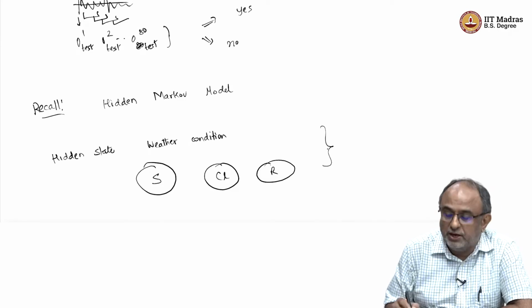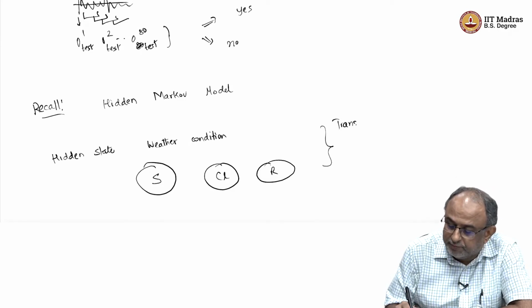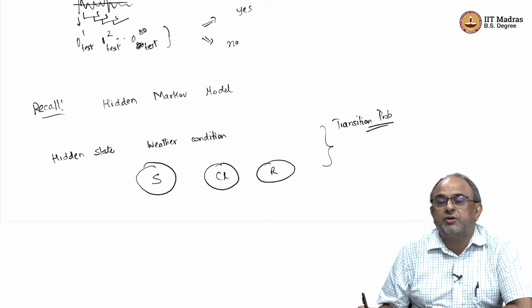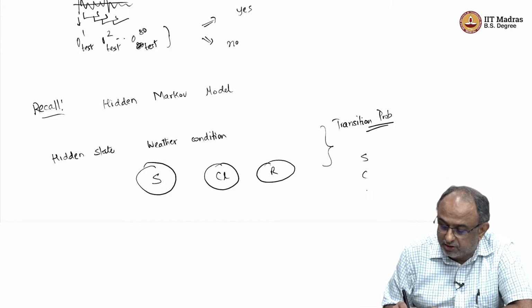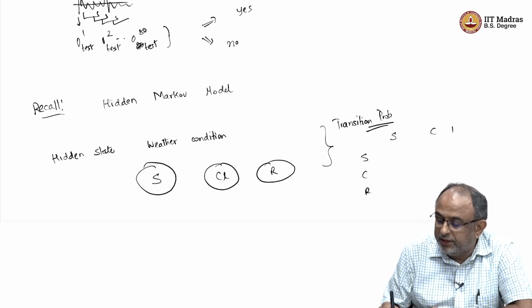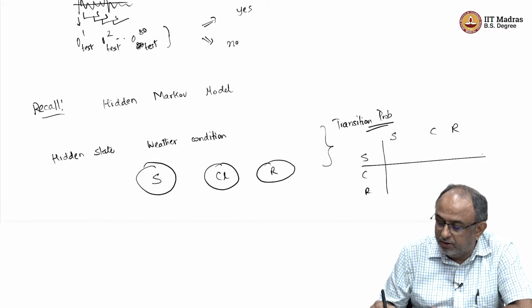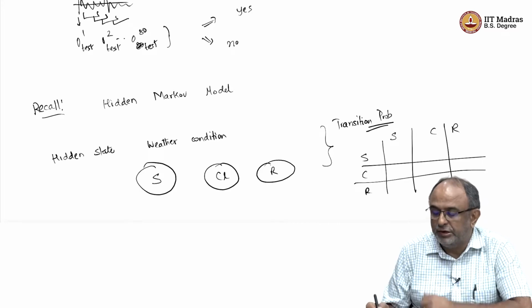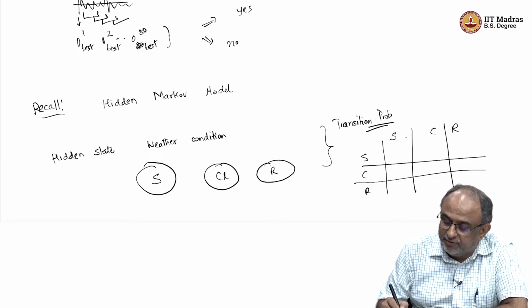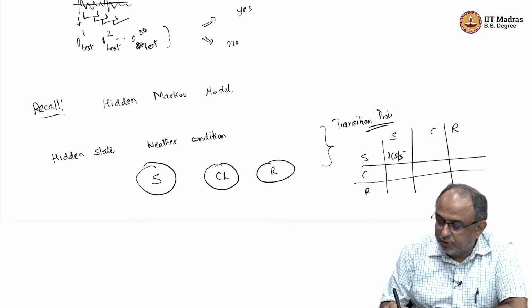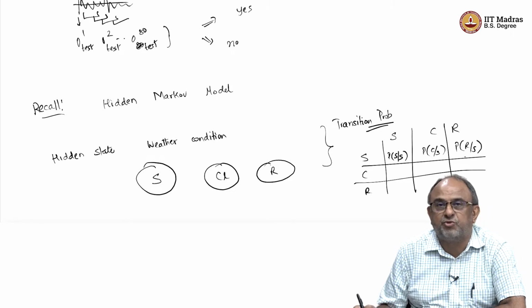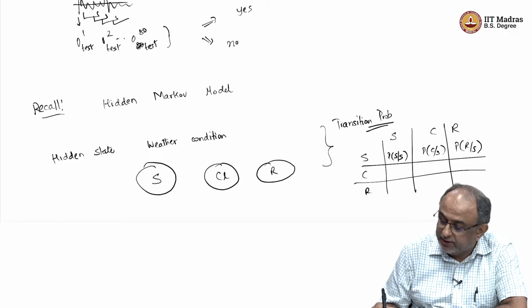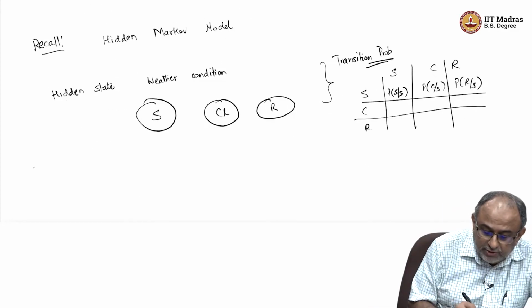For these we have the transition probability, which says, given sunny or cloudy or rainy, what is the probability that the next time it will be sunny or rainy or cloudy. So these are the probability of S given S, or probability of C given S, and probability of rain given S, something like that. That is what we found from historical data. Then we had the observable state.